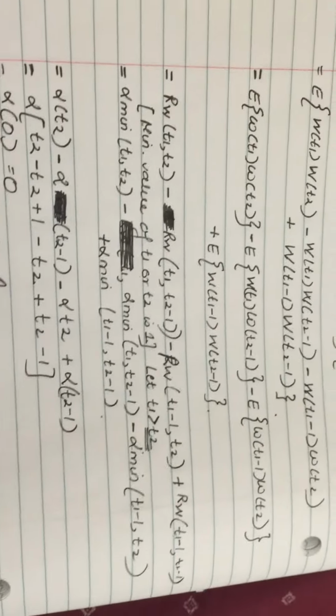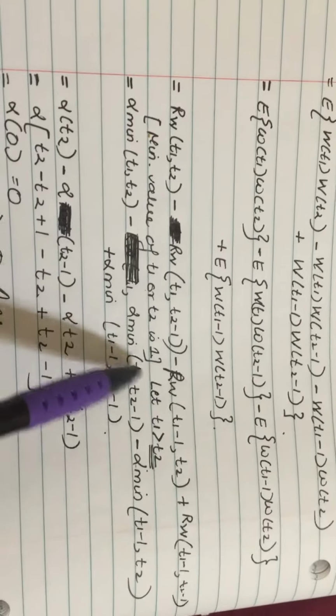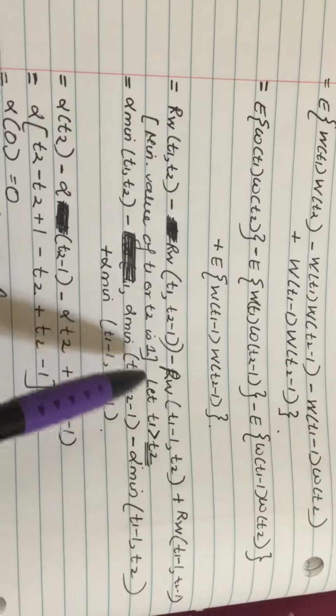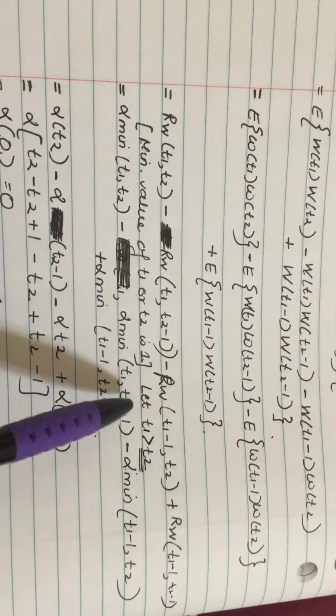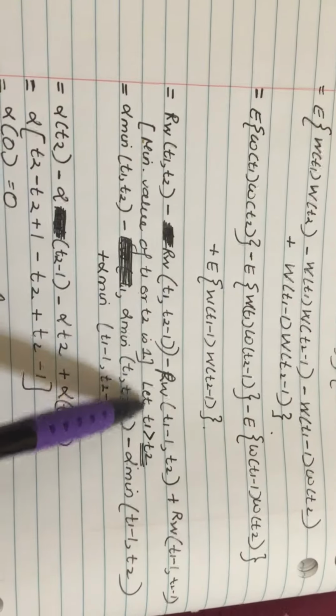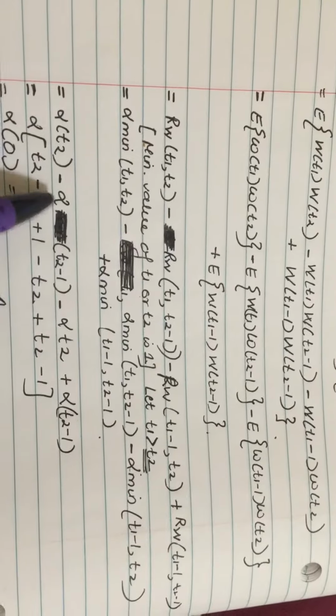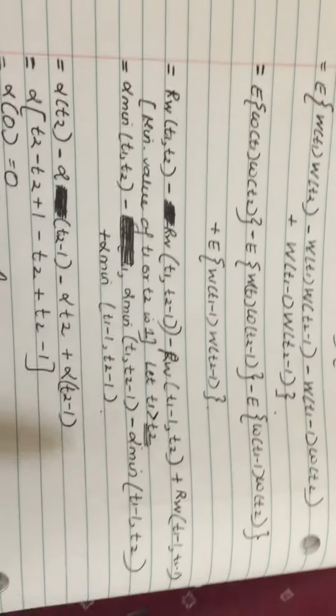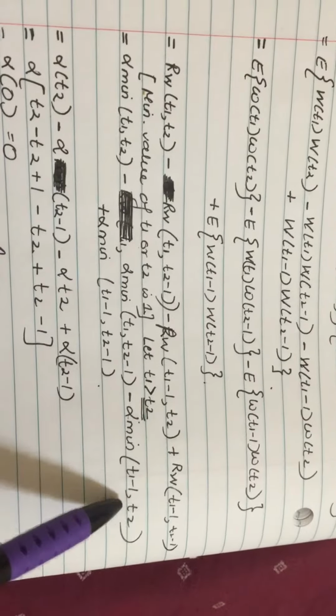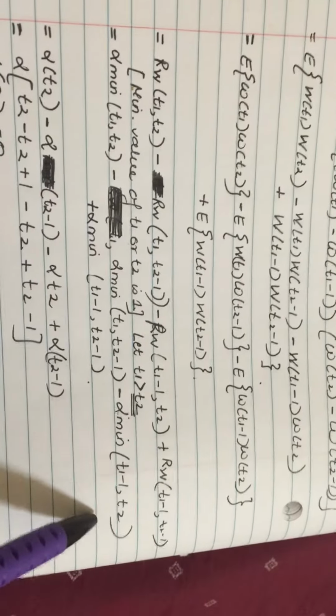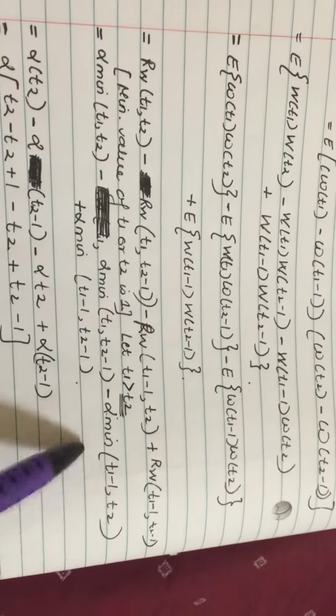So let the value of t1 be say 4 and value of t2 be 3. So (4, 3 minus 1 = 2) will basically give you this is the smaller value, and then you're going to get alpha (t2 minus 1). Then you go down to this and again consider t1 to be 4 and t2 to be 3, you're going to get (3, 3), which is basically taking the same value.